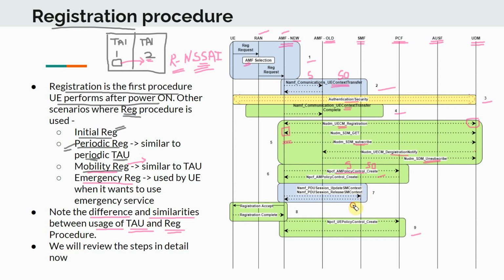And if everything is successful at this point, the AMF sends a registration accept and the UE sends back a registration complete. At that point, the AMF can use the service operation create for the service UE policy control with the PCF here. And the PCF, this is again a request response. So this is the registration process at a high level, and we will look into a little more detail in the next couple of slides.